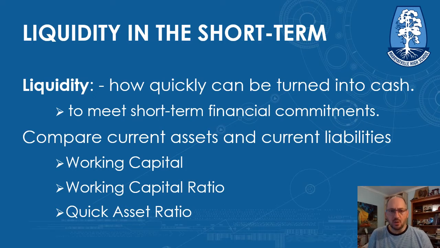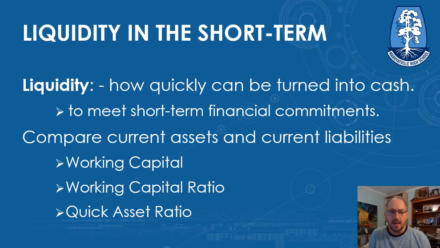A definition of liquidity is how quickly an asset can be turned into cash. Cash, of course, is cash. That's what's called liquid. And other assets vary in how quickly they can be turned into cash. Shares, for example, can be very quickly turned into cash. That's a short-term investment.